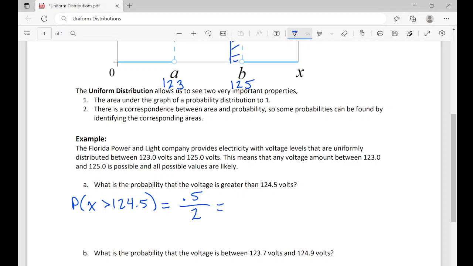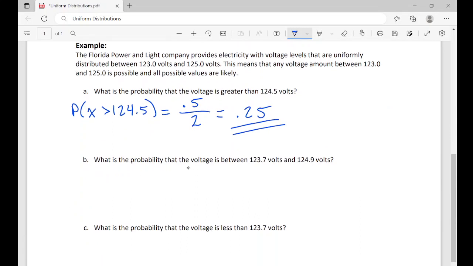And then you just do the arithmetic here. 0.5 divided by 2 is going to give you 0.25. So the probability of voltage being greater than 124.5 is 0.25. That's all there is to uniform distribution. What you're looking for divided by the total essential universe that is possible.